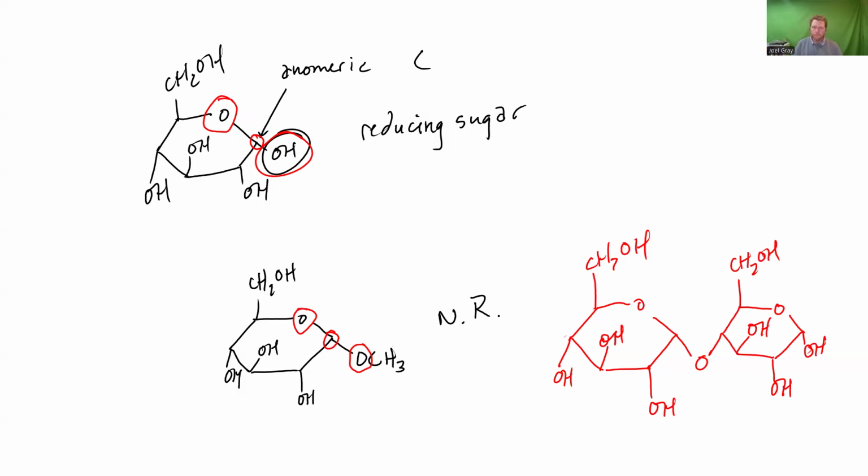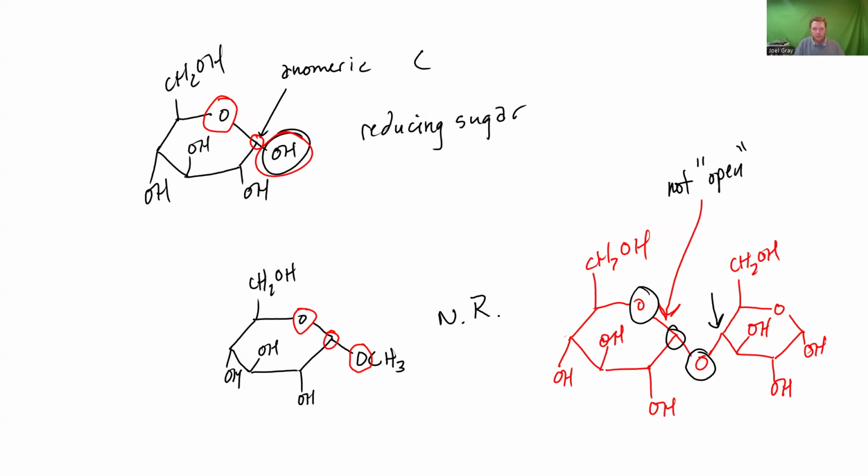Okay, now what I want to do is draw your attention to this end right here. Here's my oxygen within my ring. Here's my anomeric carbon. And then here is that oxygen that's bound to my anomeric carbon that is outside of my ring. That oxygen is singly bound to another sugar at position C4. What that means is that this end right here is not open.